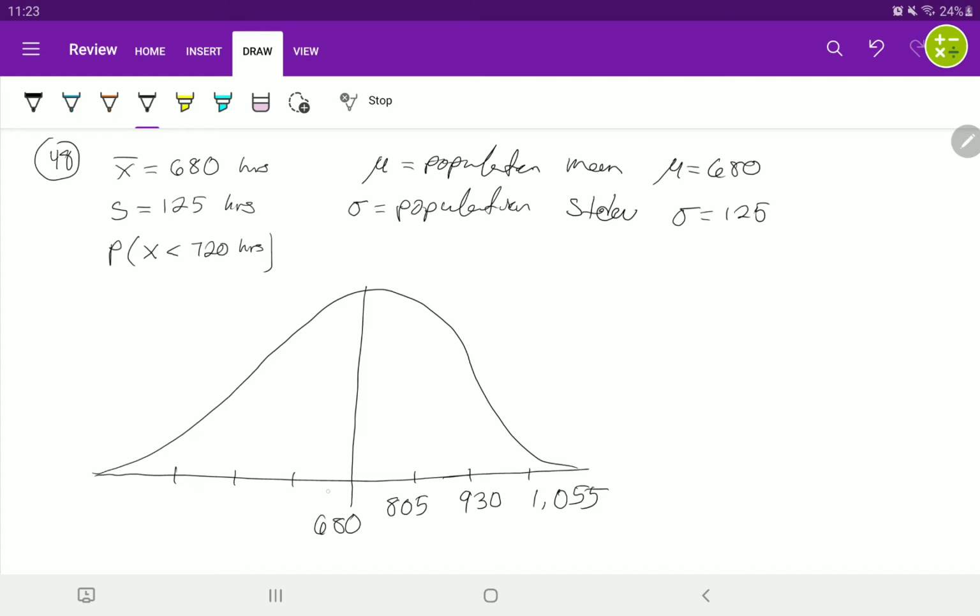Going to the left, we're decreasing by 125. So 680 minus 125 is 555, then 430, and then 305.